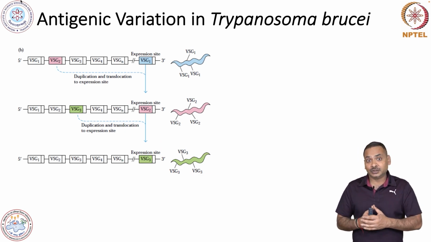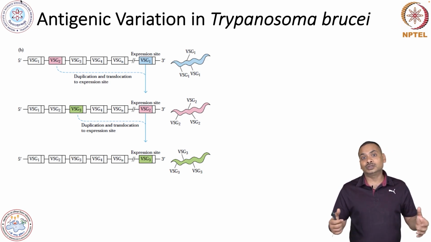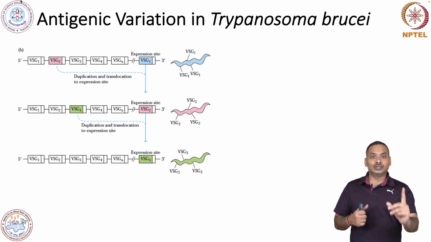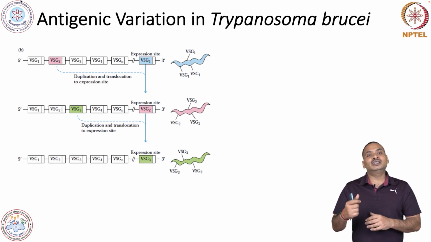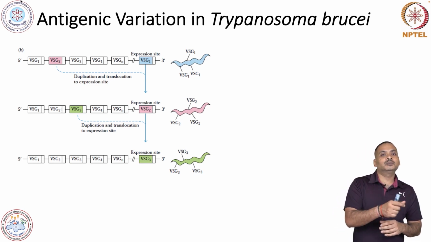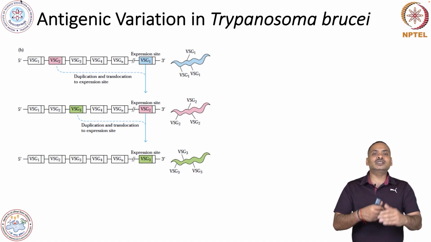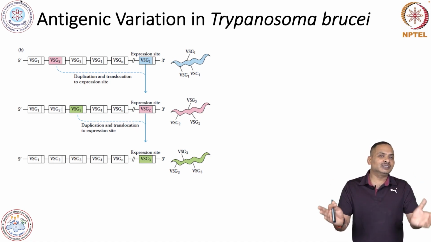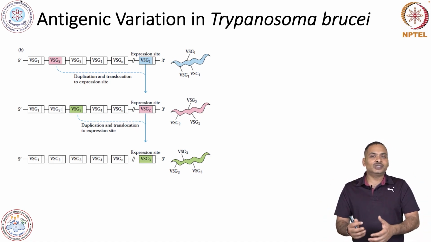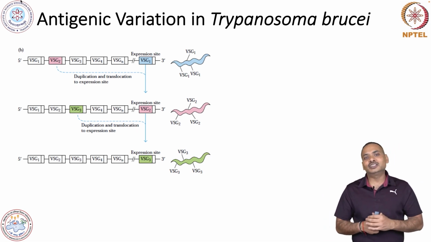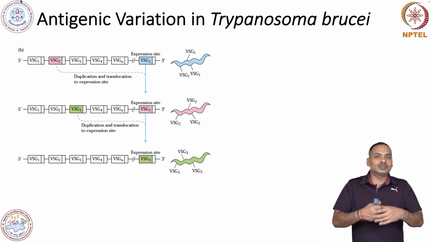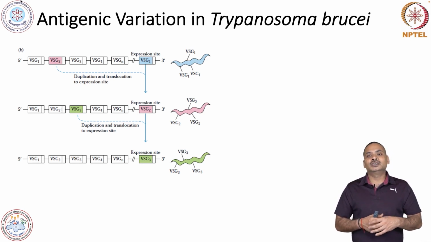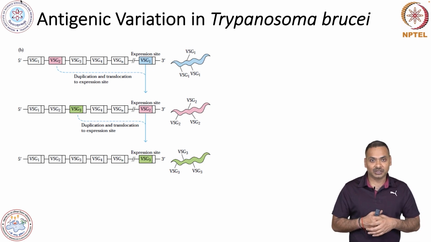As I told you, they have 1000 to 2000 copies of this gene, so there will be a translocation of a VSG to the expression site, and the previous protein will be replaced. In that way they keep on changing the surface, and they can very efficiently evade the antibody-mediated immune responses. This is the strategy by which Trypanosoma brucei successfully evades the immunity.